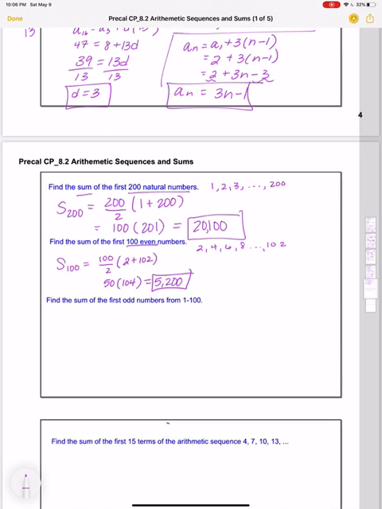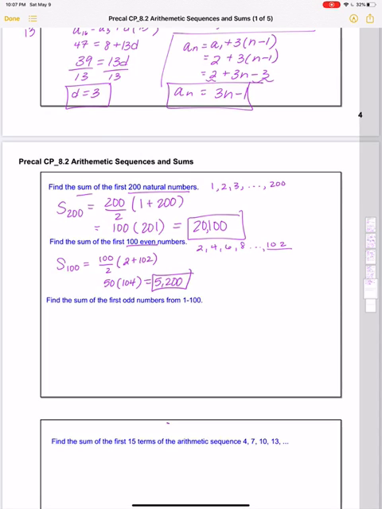Oh, wait. That's not right. This isn't the right number. No, that wouldn't be right. That's not going to be 100 numbers. I wonder if you guys caught me.